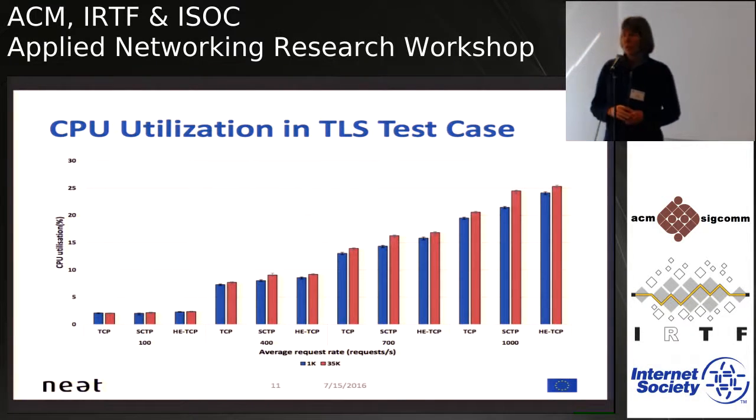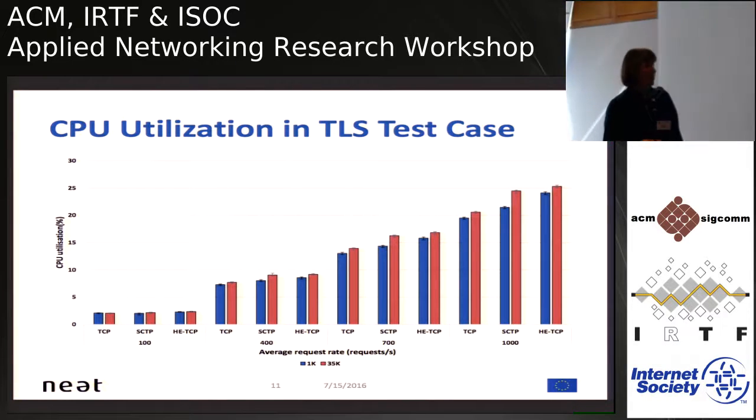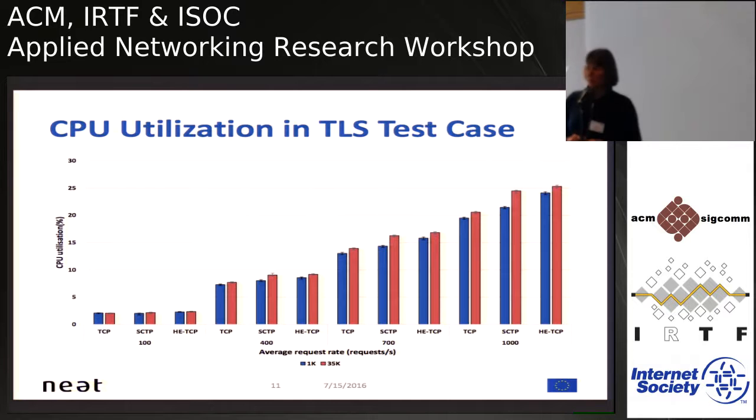And the reason for this, of course, is that the TLS encryption is now adding a lot of a constant cost here that is encountered whether you use happy eyeballs or not. I don't know if you saw the numbers, but in the basic test case, the cost over here was about 6% in CPU utilization, where in this case we're about 25% CPU utilization. So there's a big difference when you add the encryption here.